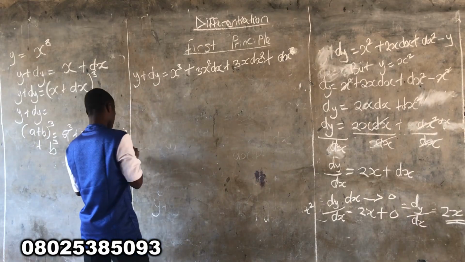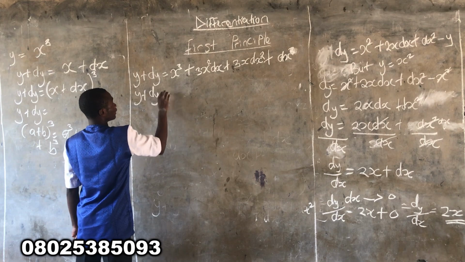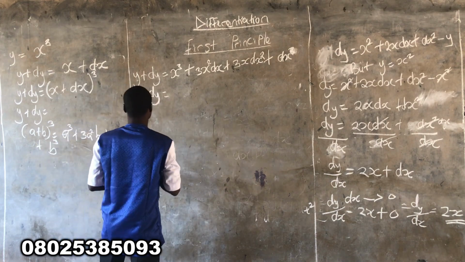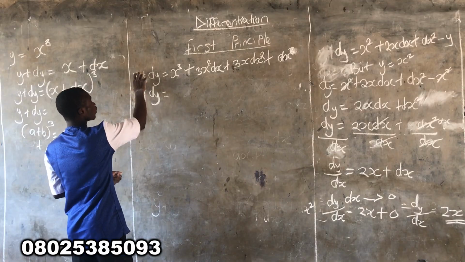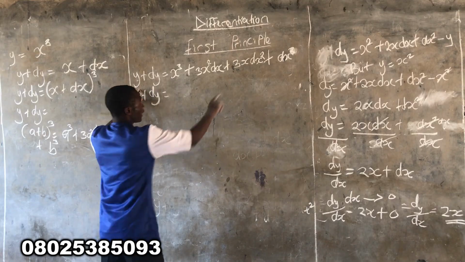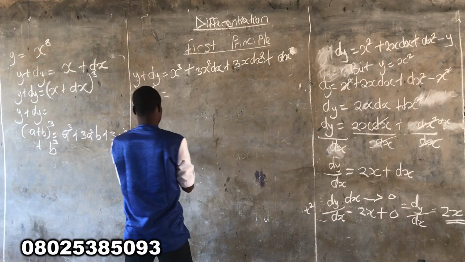So now we can say y plus dy is equal to, in this case, we need to cross y over. When y is crossed over here, it will become minus.